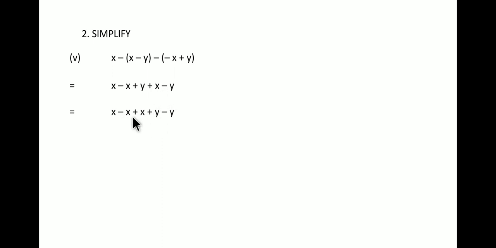Now when you arrange them in like terms, this x and this x cancels because plus 1x and minus 1x cancels, you'll get 0. So you are left out with x only, and plus y and minus y also cancels, so there is 0. So you are left out with only 1x. So the answer is simply 1x or x as the answer.